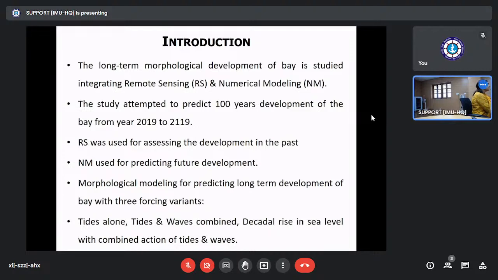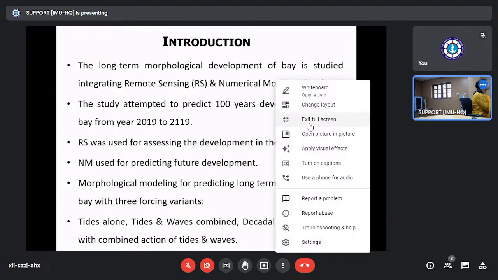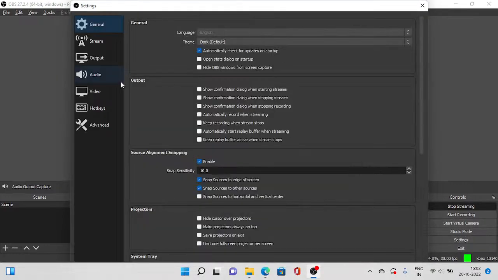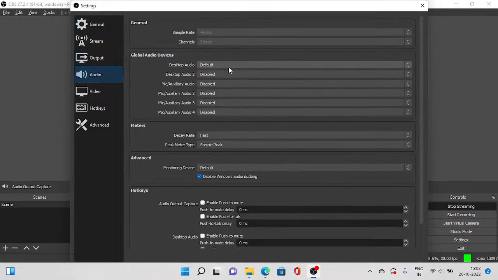My study is an integration of two techniques to predict the morphological development of Kakinada Bay for the next 100 years, from the year 2019 to the year 2119. In this integration, remote sensing is used to validate my study using the past data.